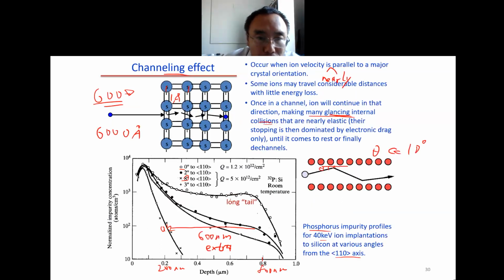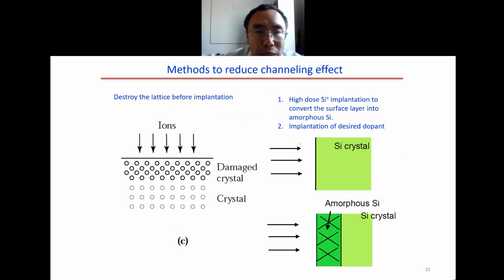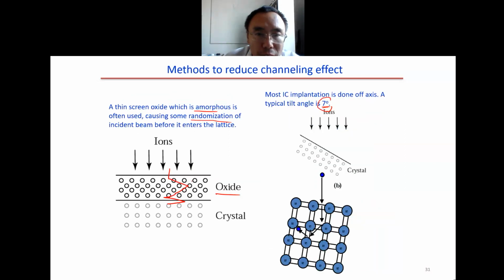Here you see we have 8 degrees, but here we have 7 degrees. The third way is to damage the top silicon so we destroy the lattice before the implantation. We do a high dose silicon implantation to convert the surface layer into amorphous silicon, and then we do the implantation. The idea is similar to the oxide, which is also amorphous.